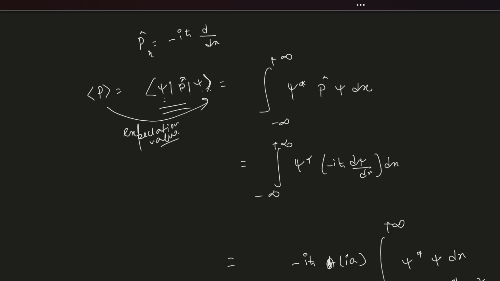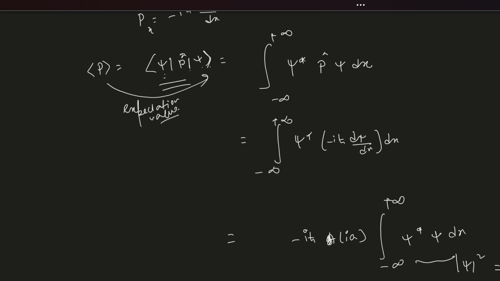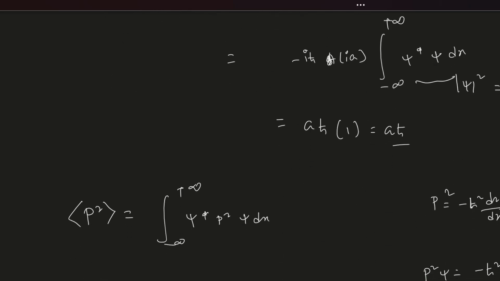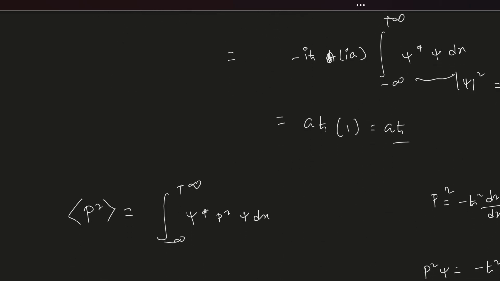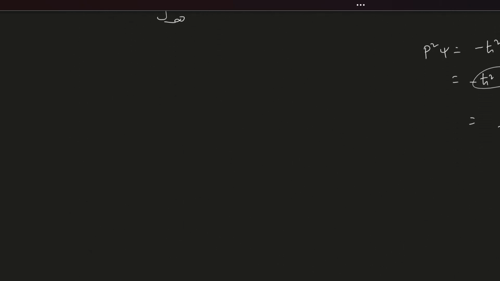The first psi prime we already have, so you don't need to calculate again. Psi prime is ia psi, right? So this is basically minus h cut square d dx of psi prime, which is ia psi. So ia comes out: minus ia h cut square d dx of psi.